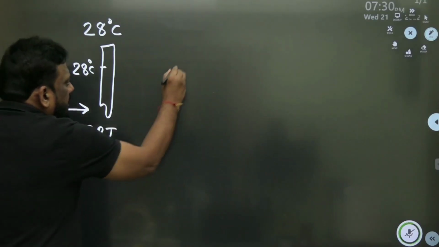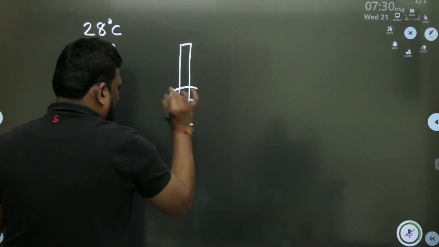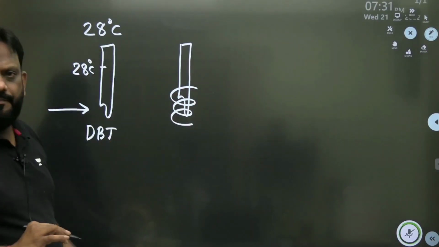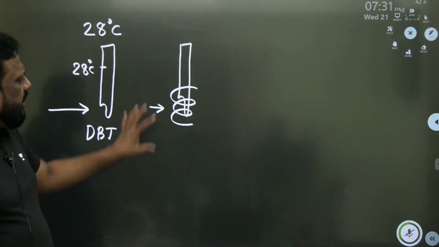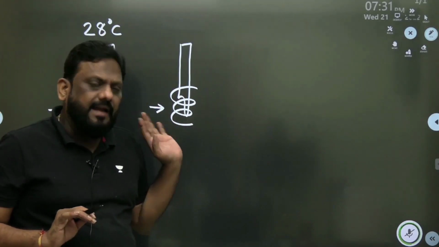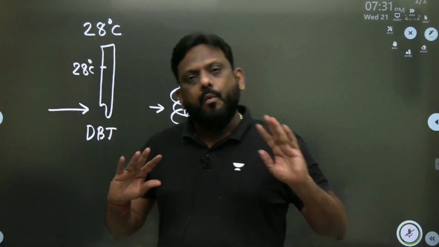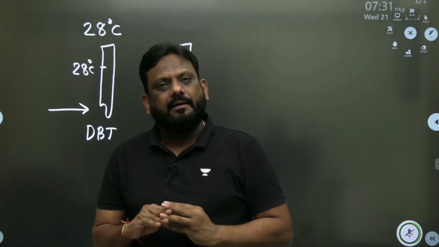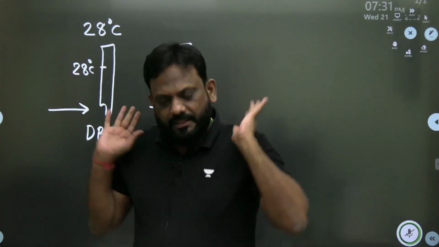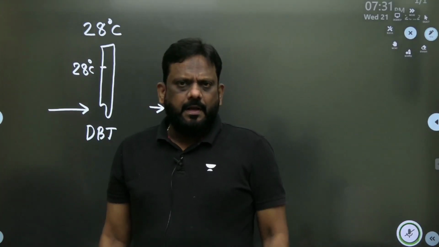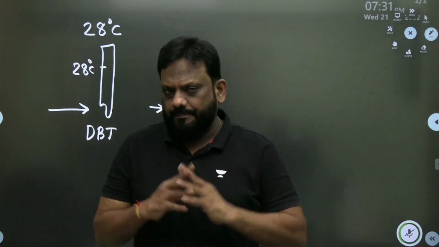Now, let us take a thermometer and cover it with a wet cloth, and allow air to flow over this. It will record some temperature, and it is the wet bulb temperature. I know you have not understood why it is covered with a wet cloth. One thing is known to me: it is called wet bulb temperature because it is covered with a cotton cloth.